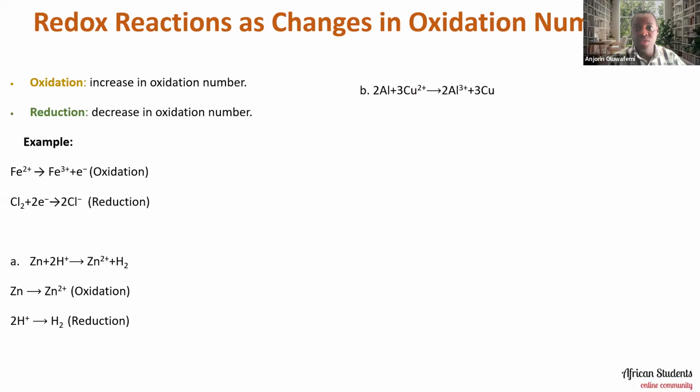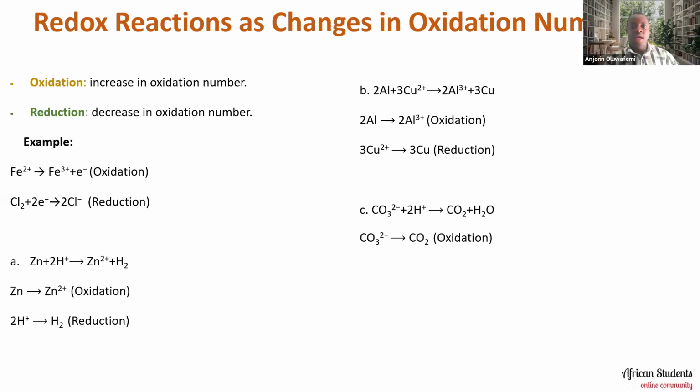We can also have these two and break it down into oxidation and reduction. We can see aluminum transiting from 0 to +3. So that's an oxidation. The reduction part is where we have the copper being reduced from +2 to 0, just elemental copper. So that's reduction. And then we can also have it with this particular example. We can see a -2 moving to 0.